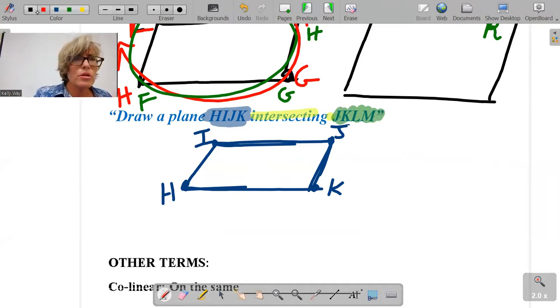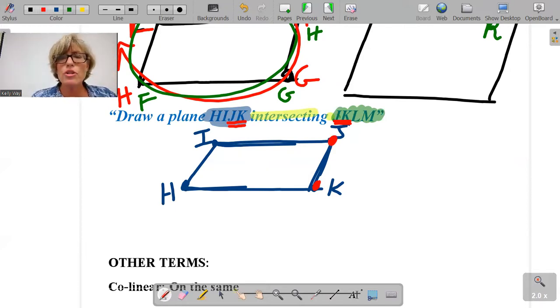That's important. If you have in a single description the same letters, they are the same point. Same letter, same point. Same letter, same point. So when I say HIJK, and then I have another plane, JKLM, it's the same JK because it's the same diagram, same letter, same point.